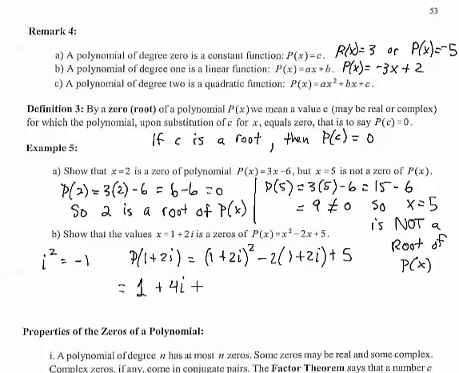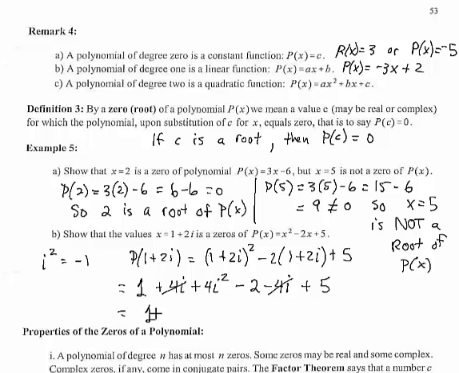Otherwise you could expand this and FOIL it. And then we square 2i, giving us 4i squared. We distribute the 2 here and we get minus 2 minus 4i, and then we have a plus 5. Already we see that the 4i's will cancel. Here's a plus, there's a negative.